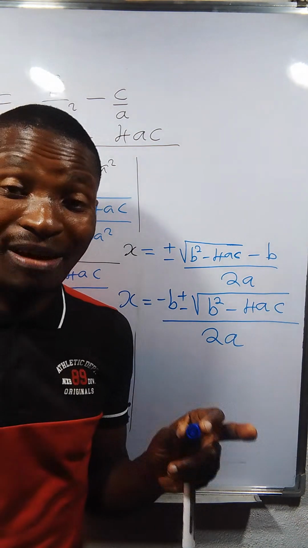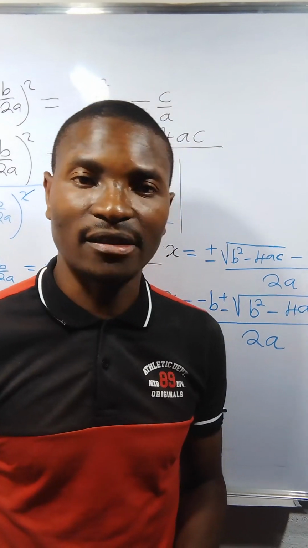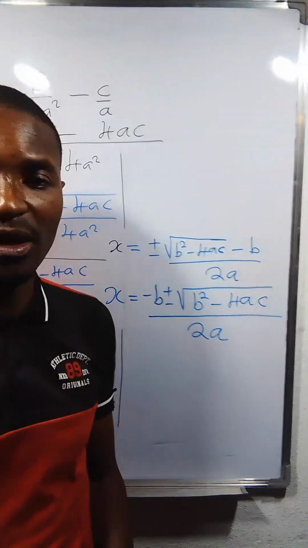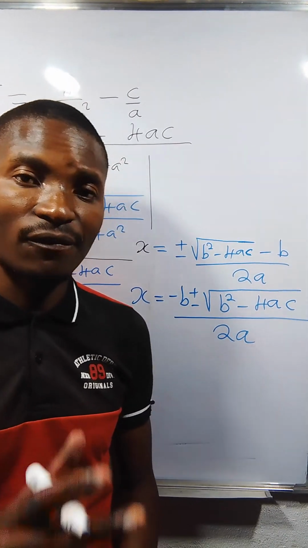So that basically proves the quadratic equation that we normally use to find the actual value of x.